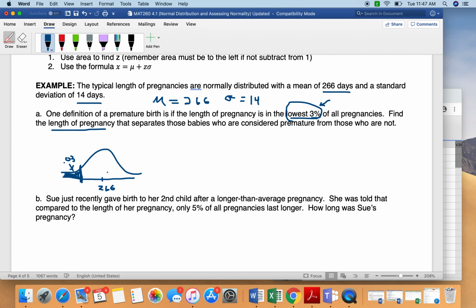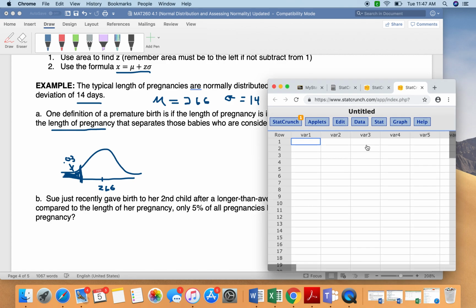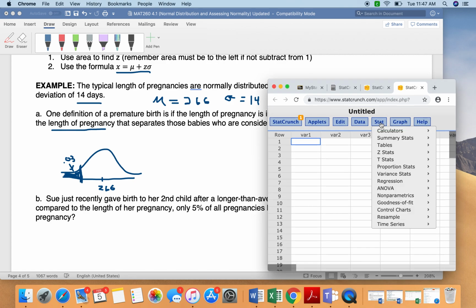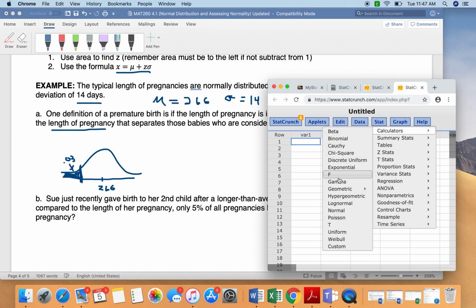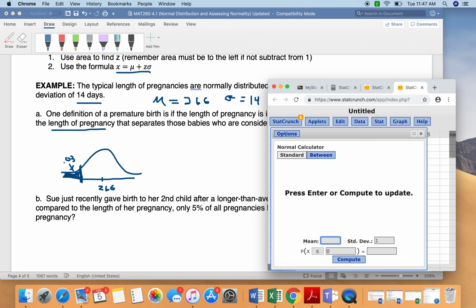Now we could do this by hand by looking in the table for 0.03 in the center of the table, tracing it out to the z-score, and then using this formula up here to get our x value. But it is much easier to do in StatCrunch, so that's what we're going to do. So what we're going to do is still go to Stat, Calculators, Normal, put in our mean, which we found was 266, and the standard deviation, which was 14.